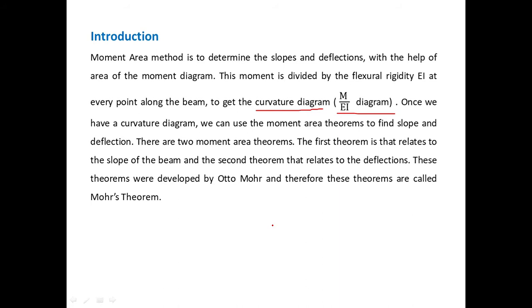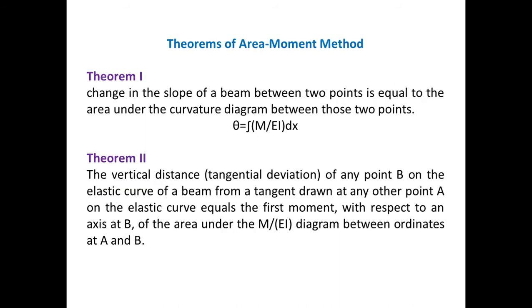So by his name, these two theorems are called Mohr's theorems, that is Mohr's theorem 1 and Mohr's theorem 2. These two theorems help to determine the slope and deflection with the help of the curvature diagram. Right?